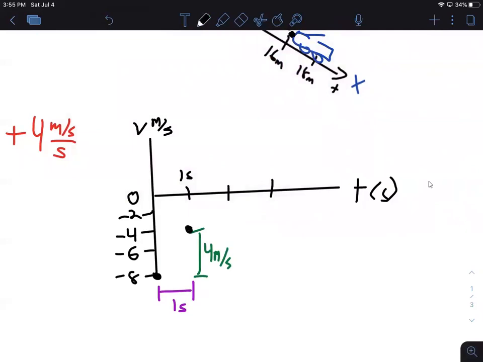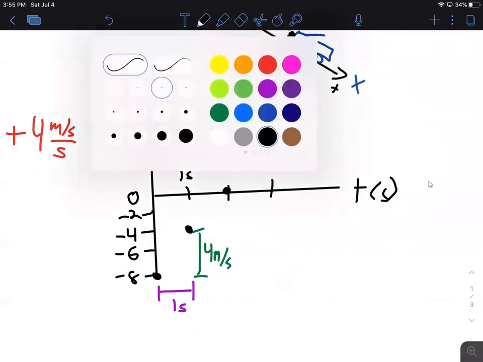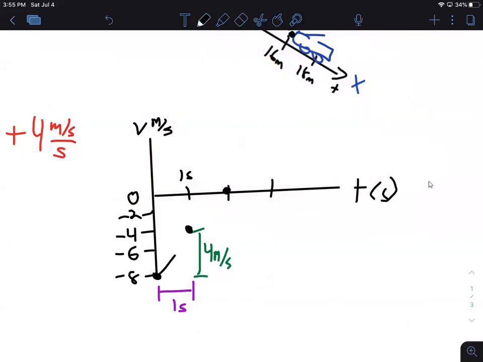Another way to think about it, if I'm at -8, how many seconds to get to 0? It would be 2 seconds because I'm getting +4 every second. Another second goes by, it increases by 4 again because that's the rate of change.